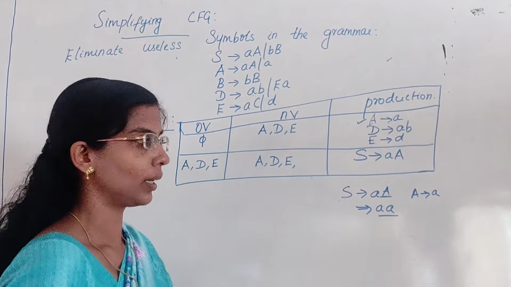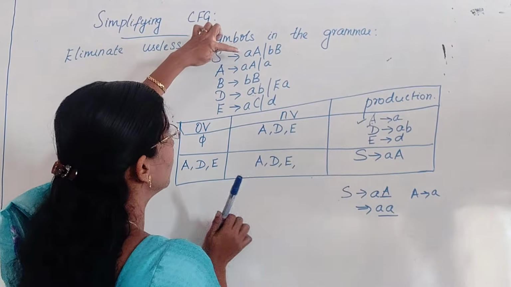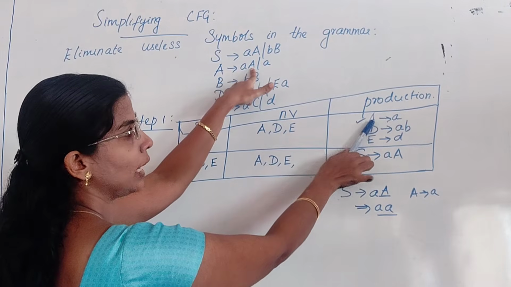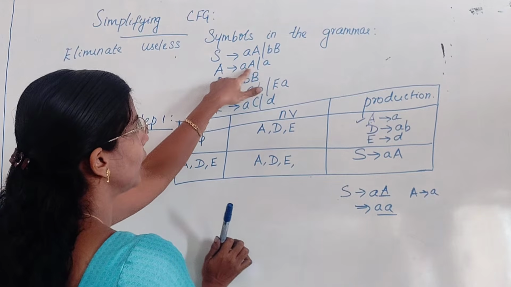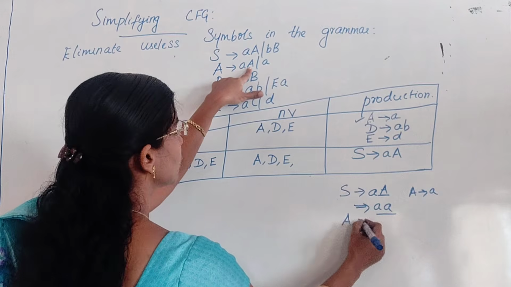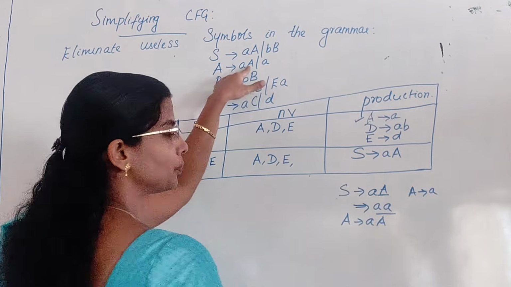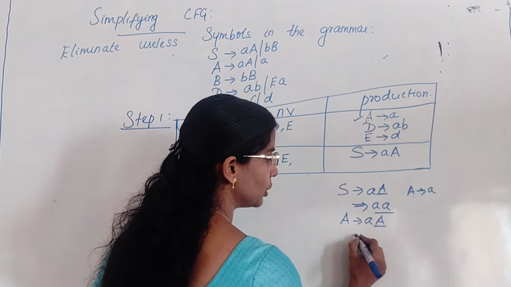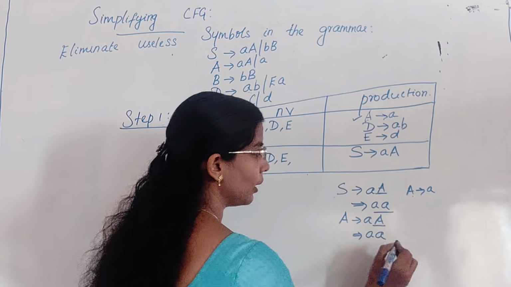A. Now check one more A production I have, to check whether this A variable is there. Yes, I have it here. What is that production? A tends to A. What should I substitute? In this A place, I should substitute small a.